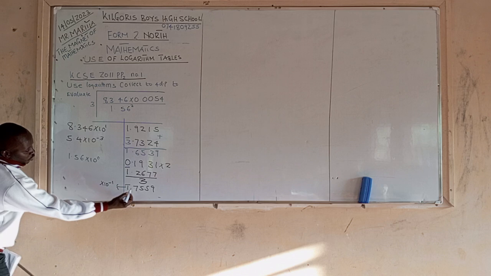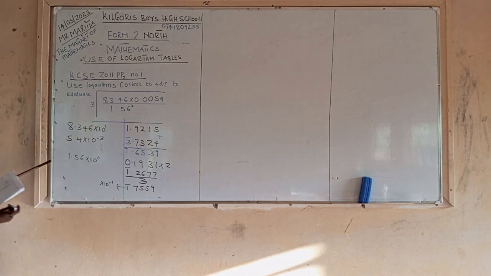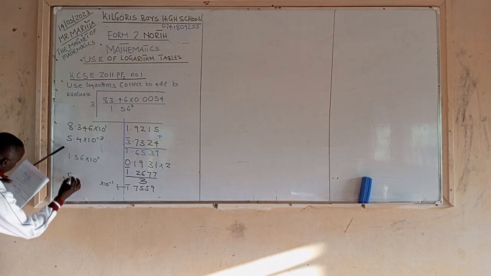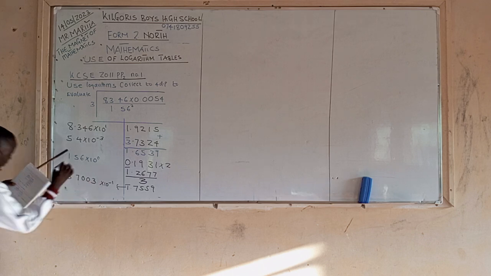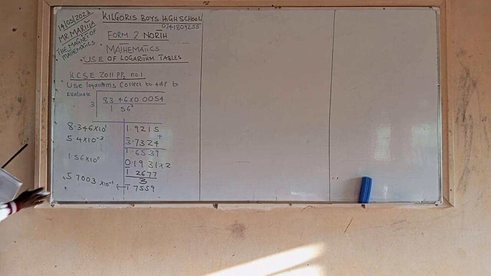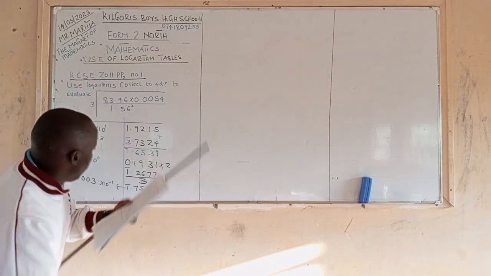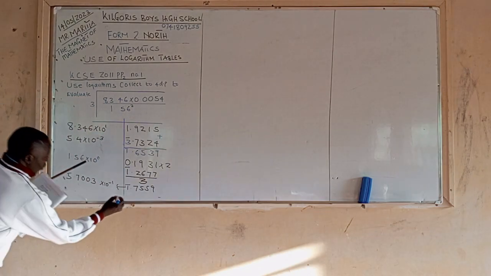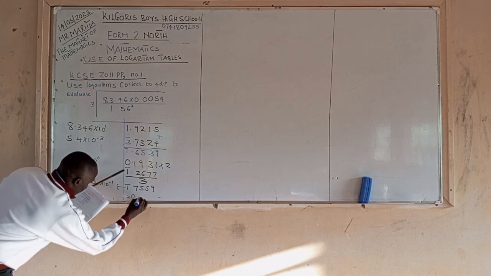Then you read the antilog of 7559, and you will get 5.7003. In that case, we have this times 10 raised to negative 1, and then the final answer, which is equivalent to 0.57003.